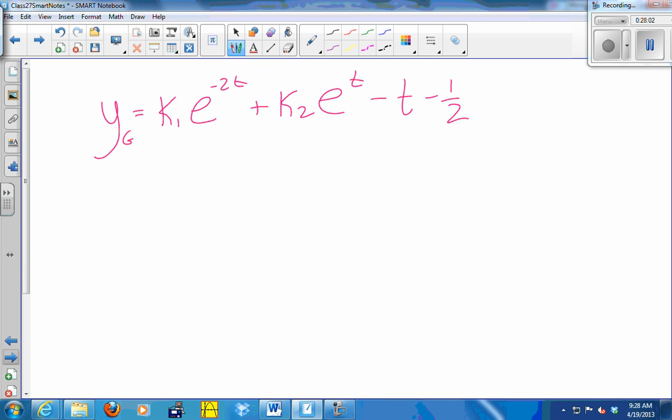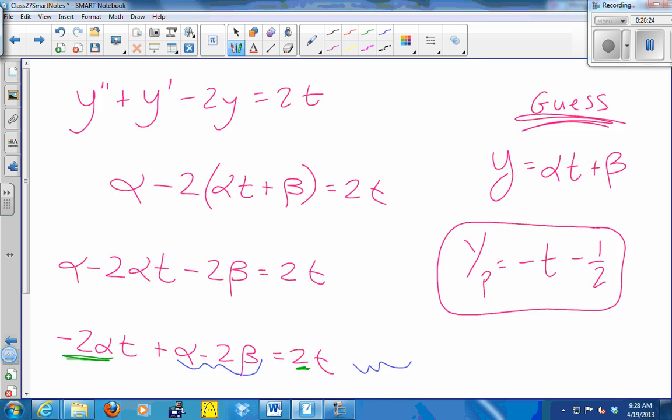All right, so now I have 2 initial conditions and 2 unknown parameters. So I use my initial conditions to figure them out. So I know that y of 0 would be k1 plus k2 minus 0.5, and that's supposed to equal 0.